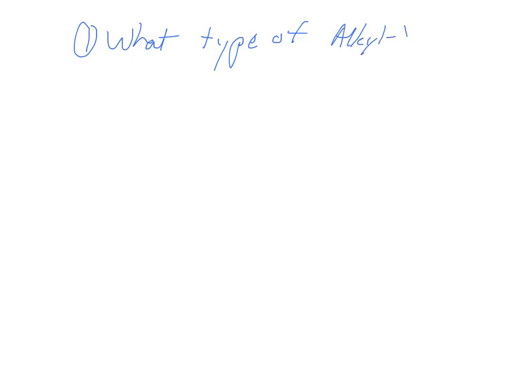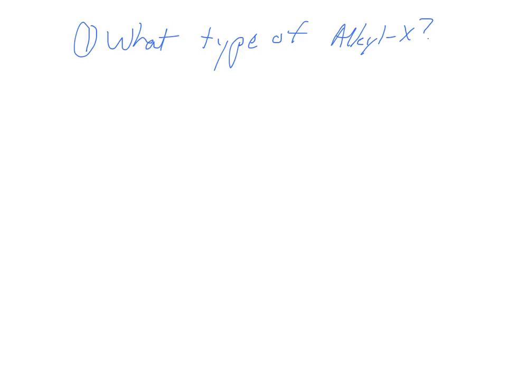So if I was going to make a list of how to analyze a question, the first thing I always ask myself is, what type of alkyl X? That's the first question always.